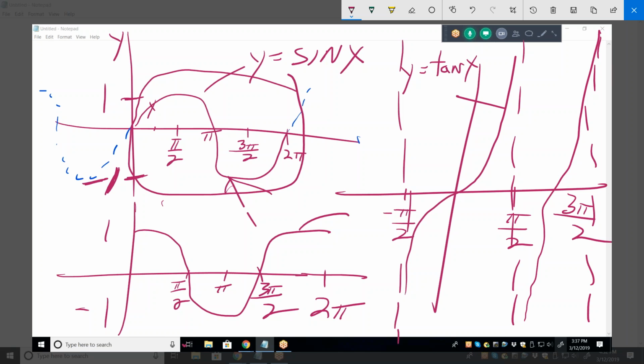If tangent is sine of x divided by cosine of x, whenever cosine of x is equal to 0, which is at pi over 2 and 3 pi over 2, then tangent of x is going to be undefined because you can't divide by 0. So that's why we have these vertical asymptotes at pi over 2 and 3 pi over 2. That's where cosine of x is equal to 0. So it all makes perfect sense algebraically.